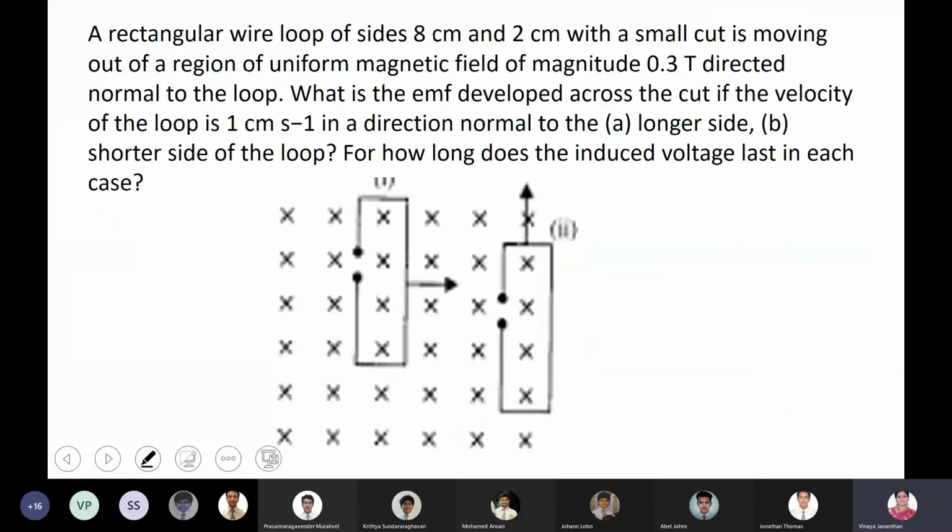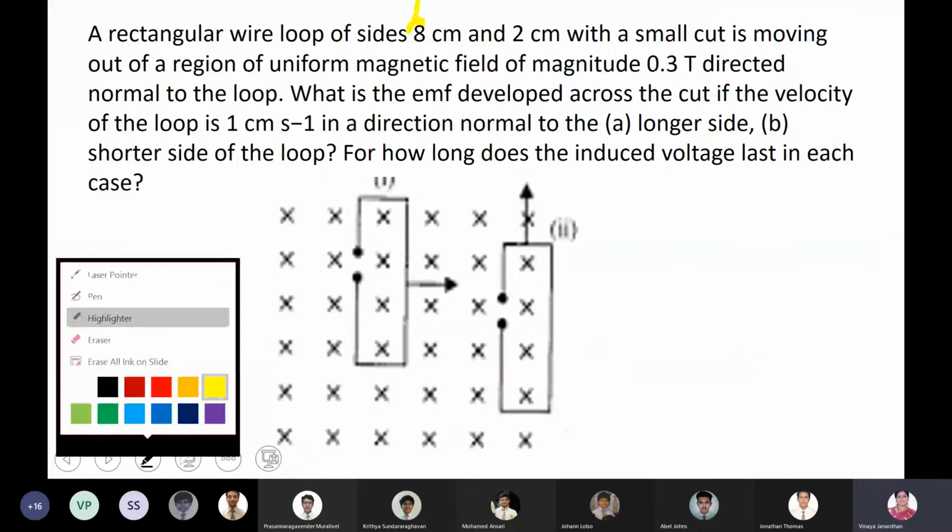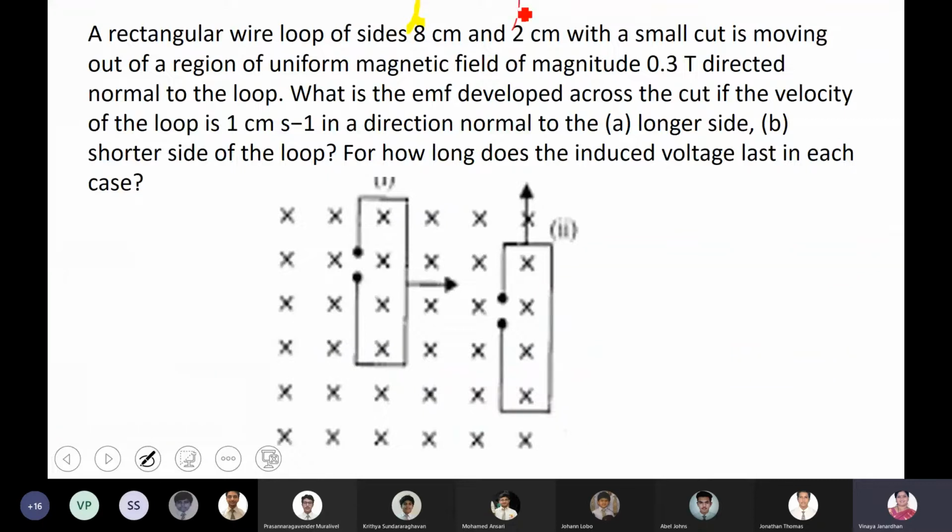Now look at this: a rectangular wire loop of side 8 centimeter, so L is 8 centimeter and the breadth is 2 centimeter, with a small cut, is moving out of a region of uniform magnetic field. That is, the value of B is 0.3 Tesla, directed normal to the loop.